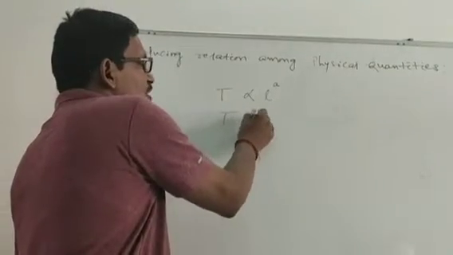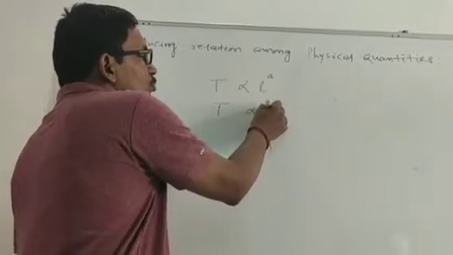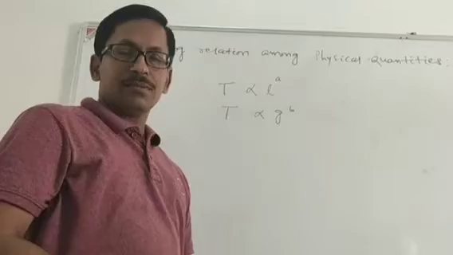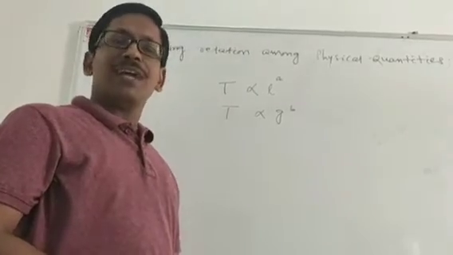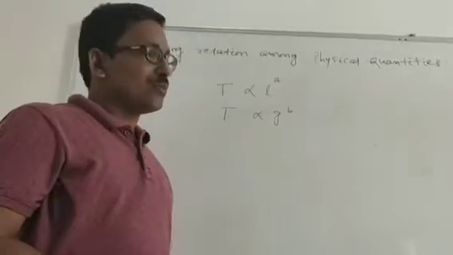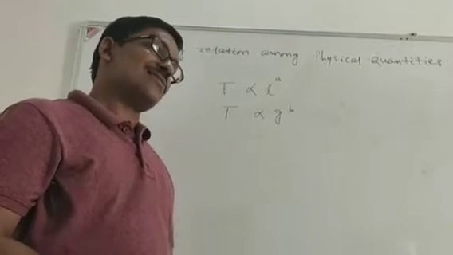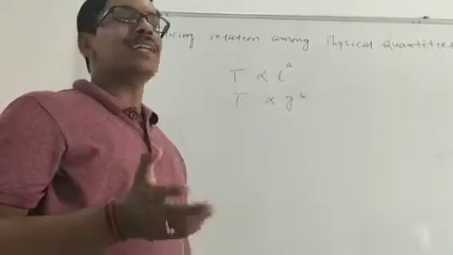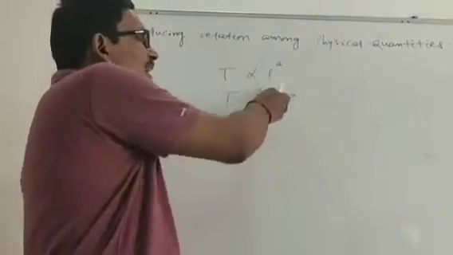And second factor, T is proportional to g to the power b. We don't know the values of a and b, and the values of a and b we can find from dimensional analysis. Experimentally it is found it depends upon L and g.